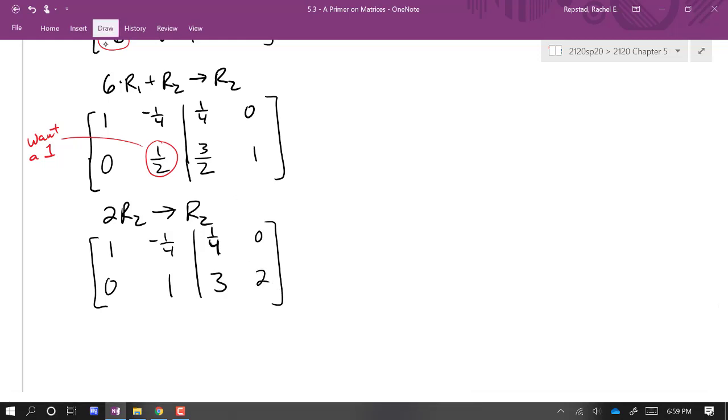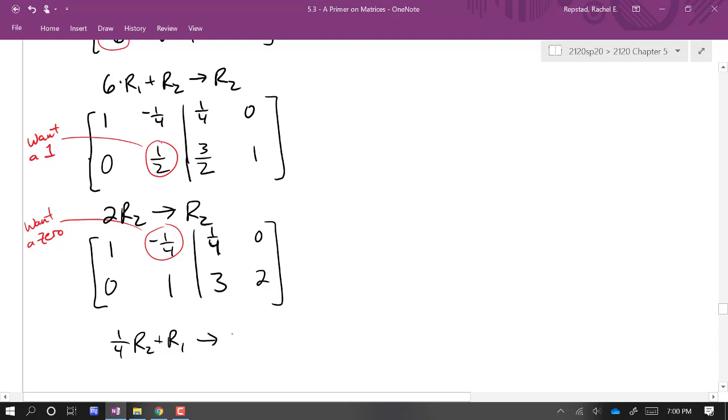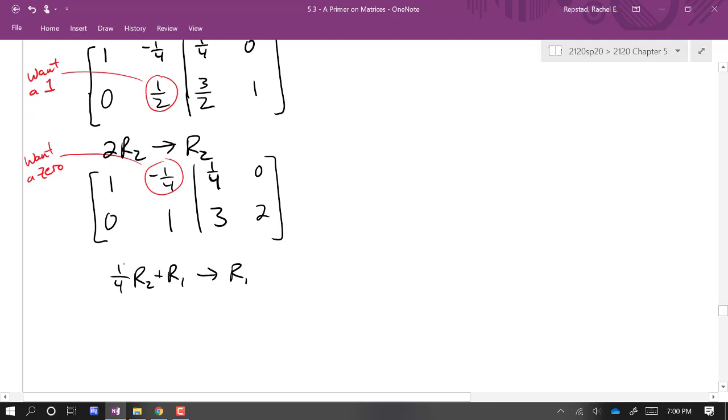And then last, we want a 0 up here. And the way I'm going to be able to add, to get a 0 there is to add a quarter. So I'm going to take row 2, multiply row 2 by positive 1/4, add it to row 1, putting the result into row 1. Now row 1 is the only row changed.